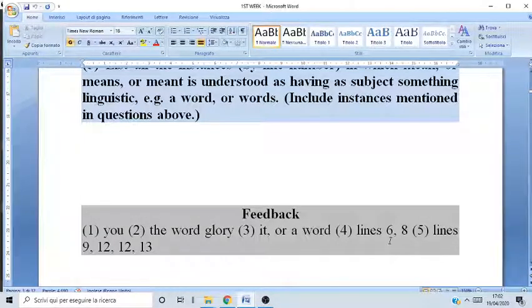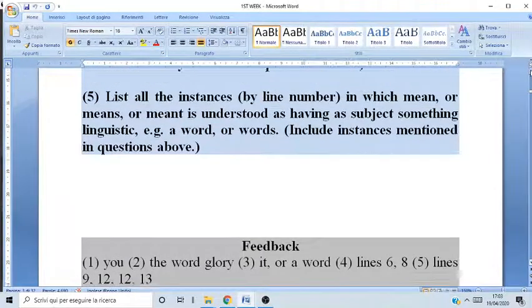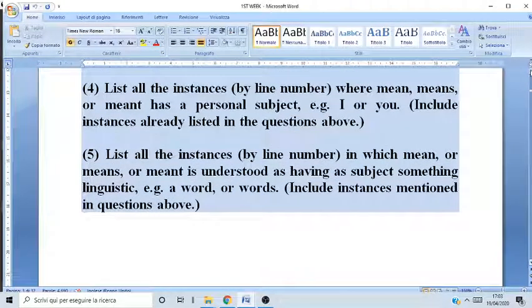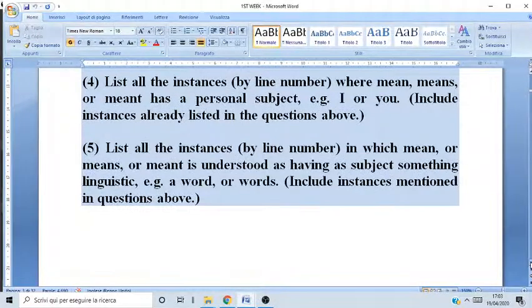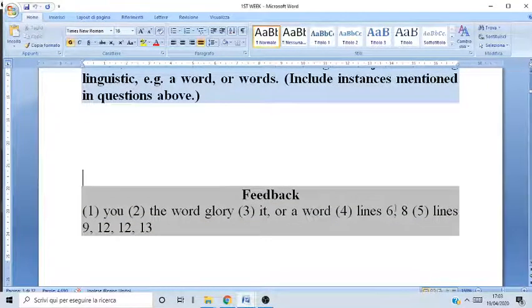And just for sake of simplicity, exercise 4 and exercise 5 asked you to find the occurrences in which the word mean referred to a pronoun, I or you, for instance, and where it meant something linguistic. Okay, it's like a word or words. And so the answer to that is in line 6 and 8. The words refer to a pronoun. In lines 9, 12, and 13, it means word or words.